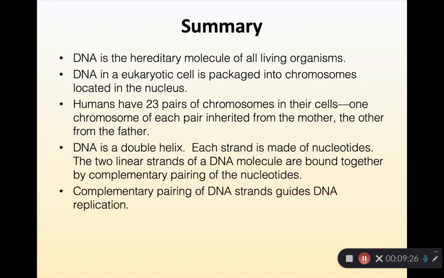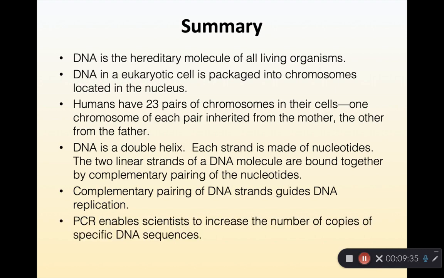And we looked at how that complementary pairing of DNA is really the focus and what guides DNA replication. And we learned that PCR basically enables scientists to harness that important biological process of DNA replication and use it to create DNA sequences and DNA profiles.